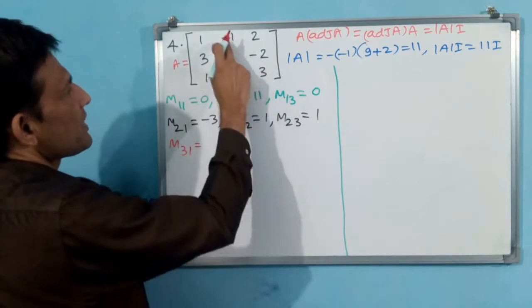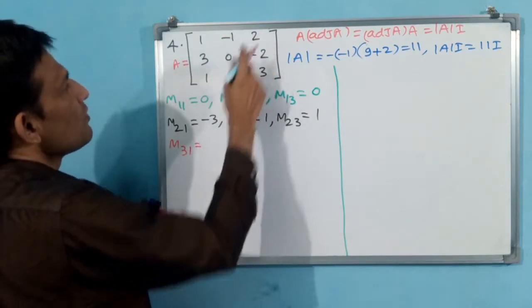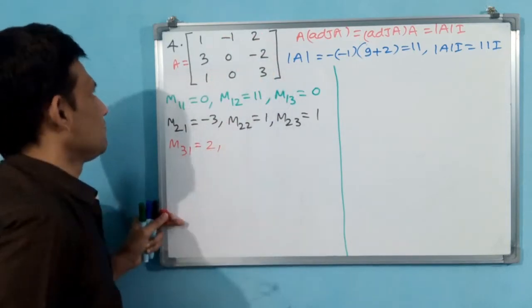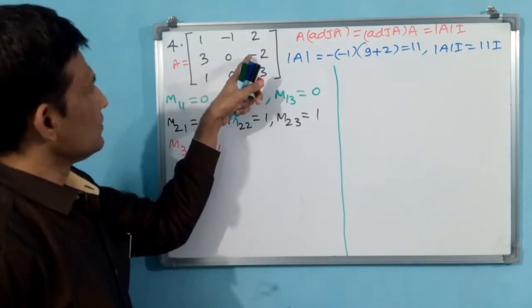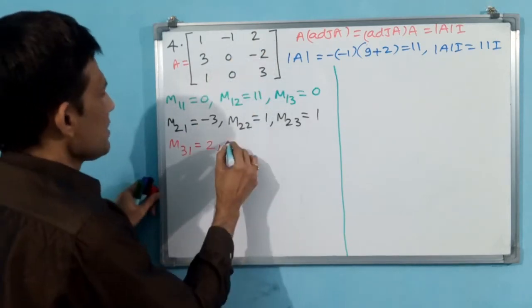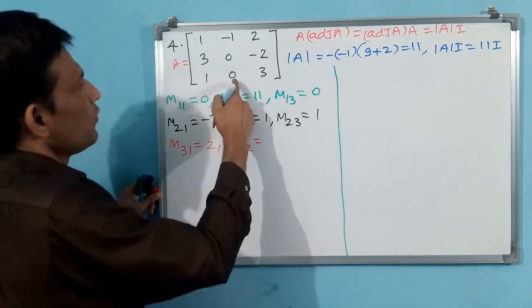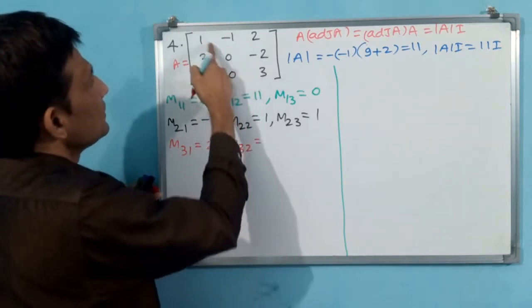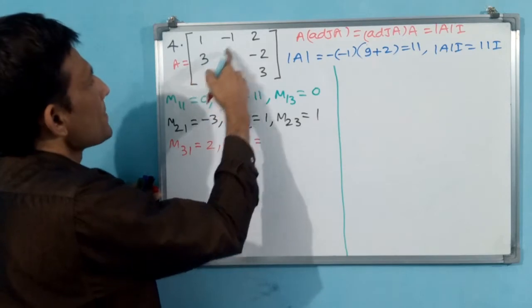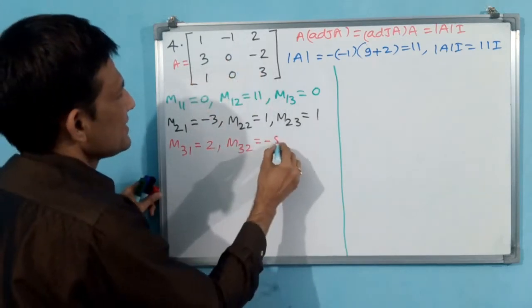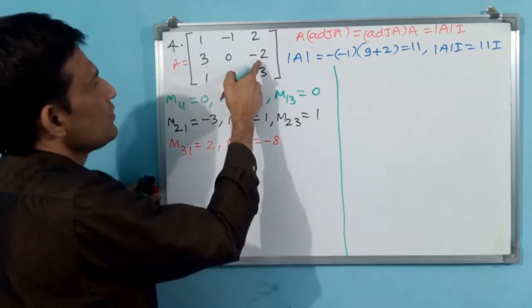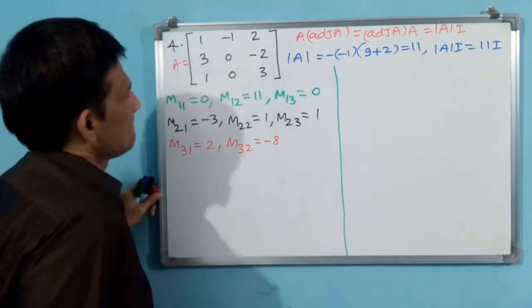If you close 1, automatically you see 2 minus 0. That means 2 it is going to become. Okay. Minus of minus 2, 0. Okay. Now M32. M32, if you close this 0, then minus 2 minus 6, minus 8. Is it okay? You see, minus 2 minus 6.